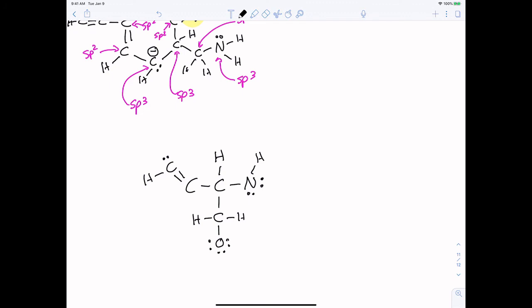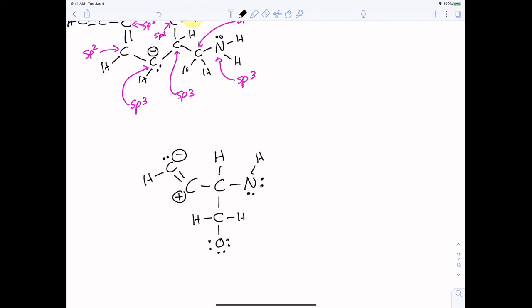So carbon here, I have 3 bonds, right? A double bond and a single bond, but I'm going to count that as 3. So 1, 2, 3. And then the 2 lone electrons, 4, 5. So 4 minus 5 gives me a -1 charge on that carbon. The next carbon only has 3, right? It has a double bond and a single bond. I don't have any lone pairs or any hydrogens on it, so 4 minus 3 is a +1.